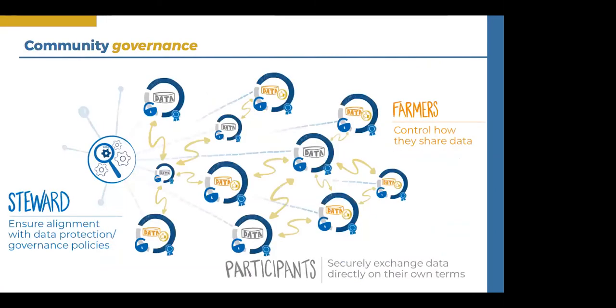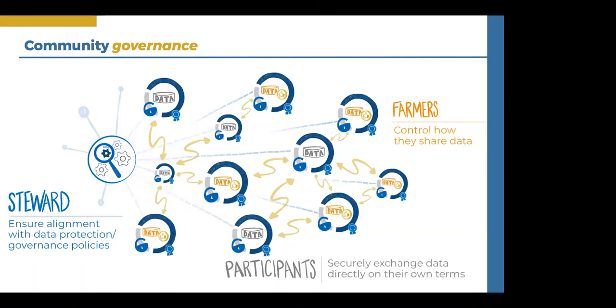But just one final slide to say that where we see this going is essentially building out a network of all these participant nodes, whether they be organizations or farmers themselves, being able to codify their data usage policies amongst one another, have those enforced, and for there to be a steward.